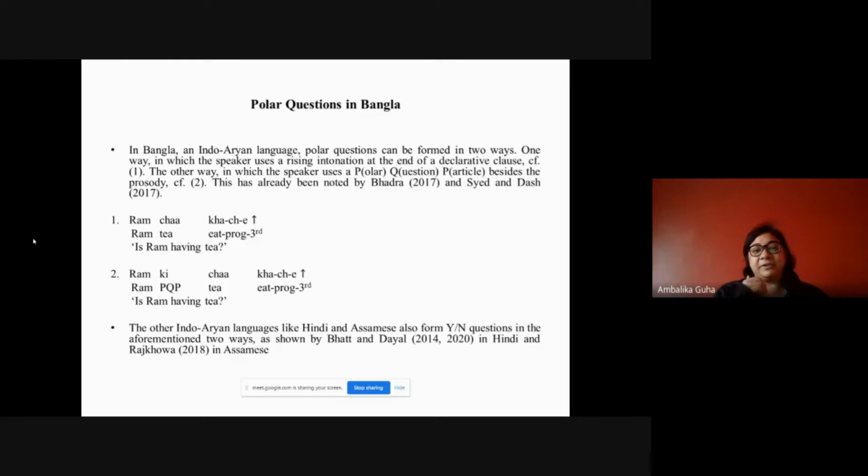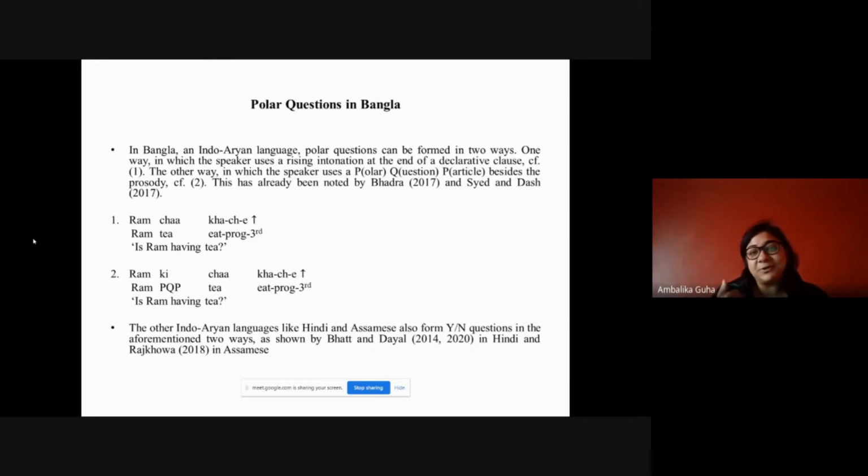So here we go. In Bangla, polar questions or yes-no questions can be formed in two ways. Number one, we have a declarative clause, and if we have a rising tone at the end of it, it gives a yes-no interpretation. Ram cha khache, is Ram having tea?